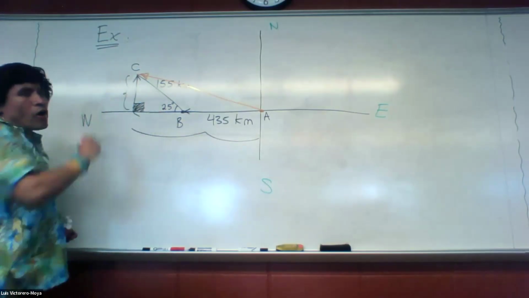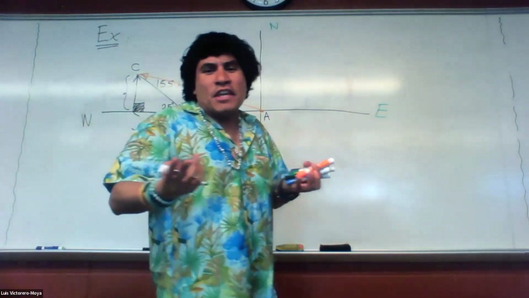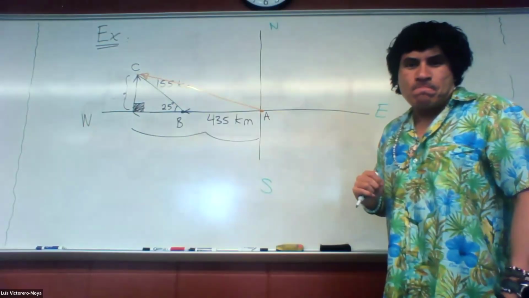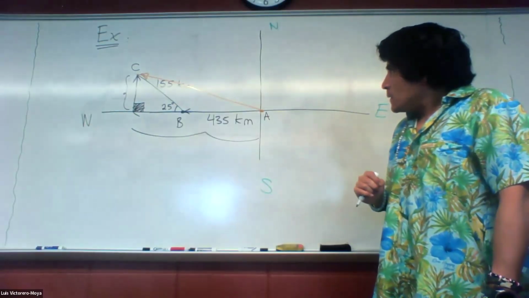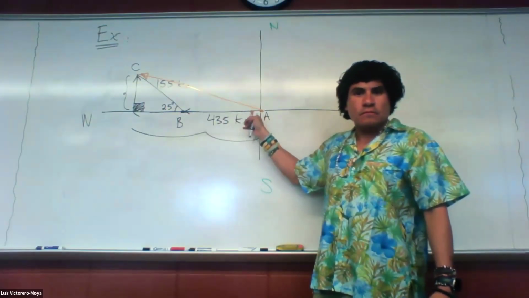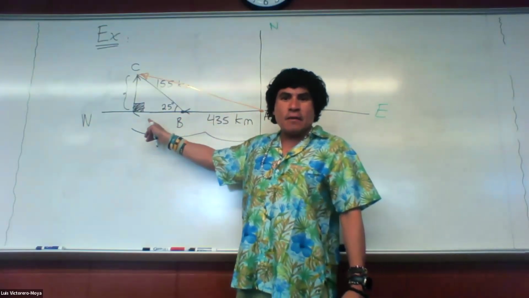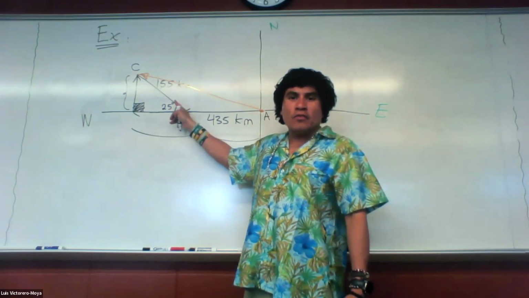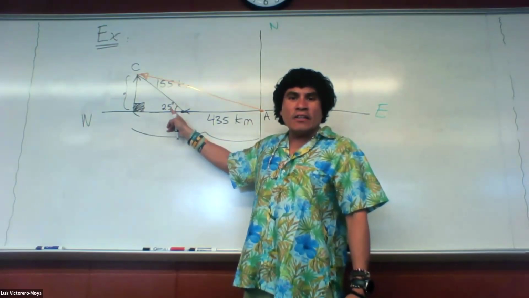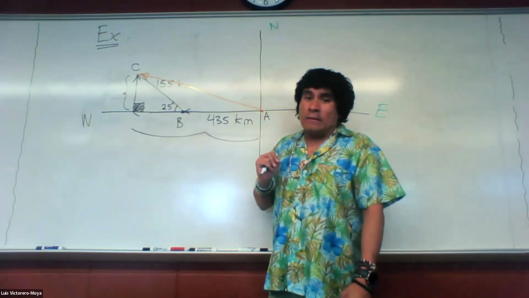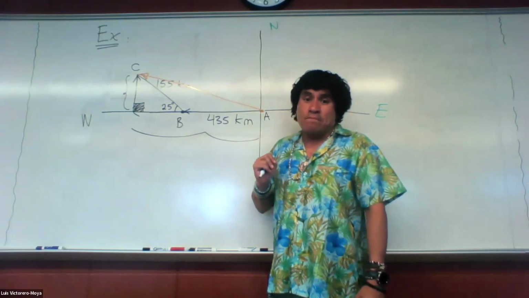If I find both components, I use the Pythagorean theorem, and I find the distance AC. So you already know this is 435. You are missing this little bit. But I know the hypotenuse is 155, and I know the angle. So this is a problem of trigonometry.